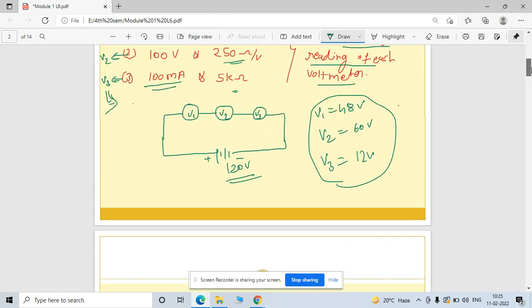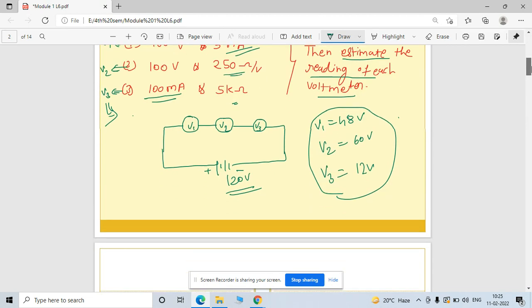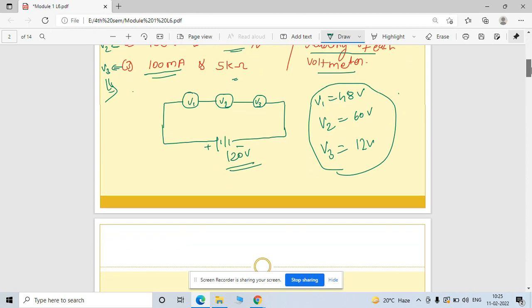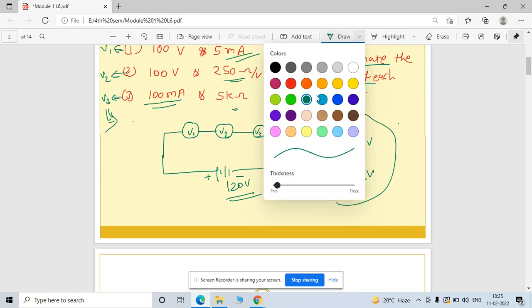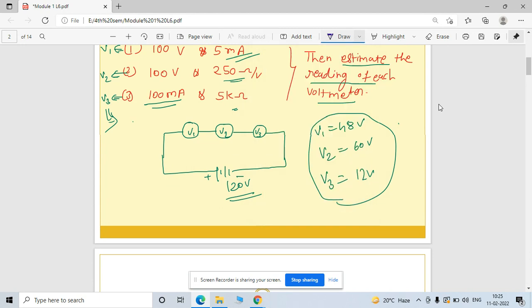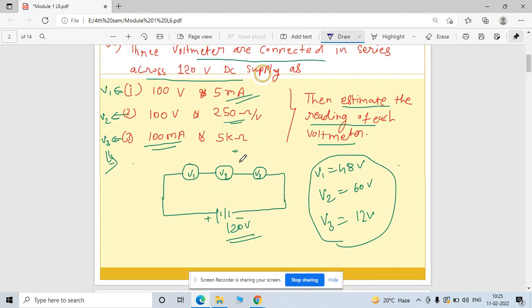I hope most of the students are able to solve this problem. So now see, this is your V1. V1 value is 100 volt and 5 milliampere is given to you, and V2 value is 100 volt, 250 ohm per volt, and V3 is 100 milliampere and 5 kilo ohm.